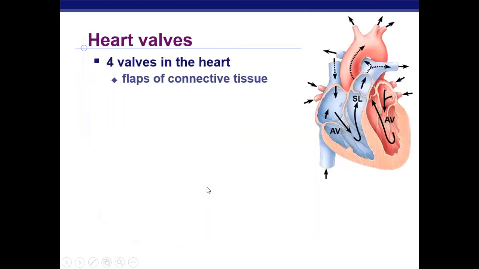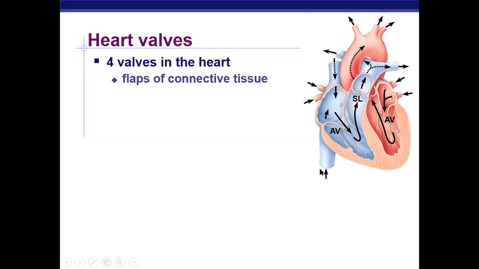The heart valves. There are 4 valves in the heart. These are flaps of connective tissue. So there are 4 chambers to the heart. So one chamber here, second chamber here, third chamber here, and fourth chamber right here. Those are the chambers.